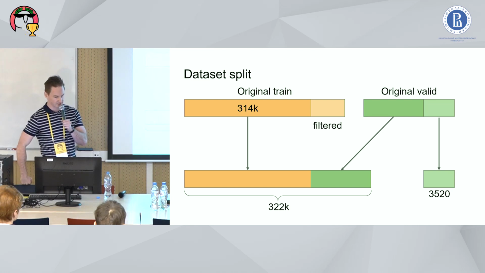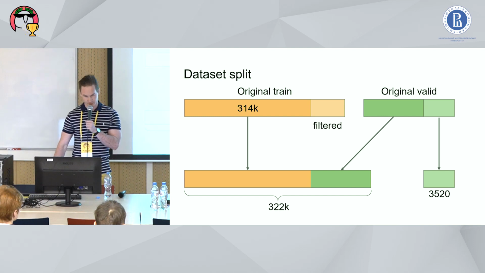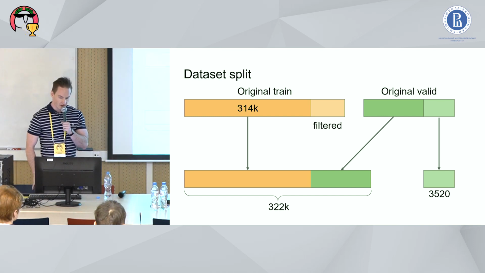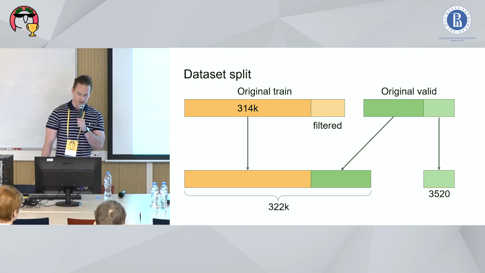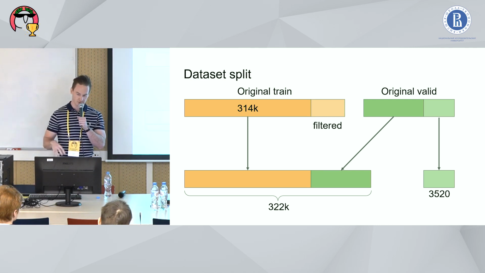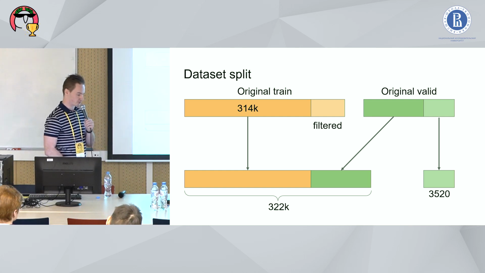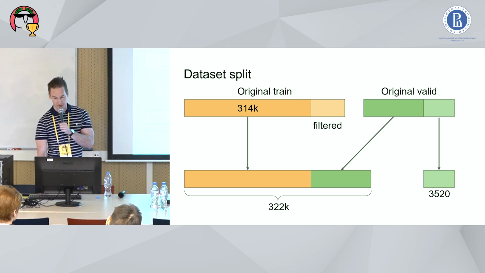The second one is the dataset split. It was very clever, actually. So we have the original train set, and after filtration, we have a clean part of this train set. To increase the amount of clean data, I added part of the validation set to the train set, because the description of this dataset said that the validation set has cleaner annotation than the train set.